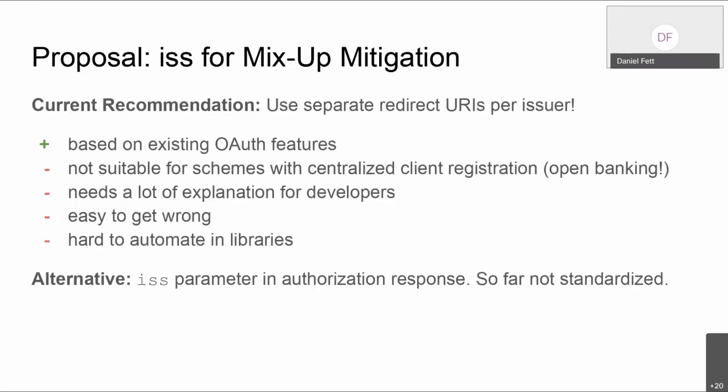This is actually the solution that we have in the first paper where we described the mix-up attack. We already had the solution with the issuer parameter, and we already proved formally that it actually solves the mix-up attack. So it's a very good mechanism against mix-up attacks.